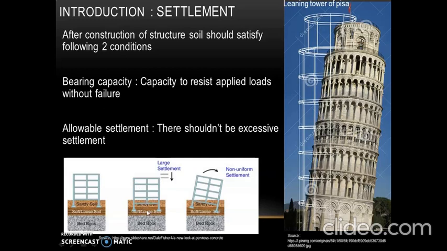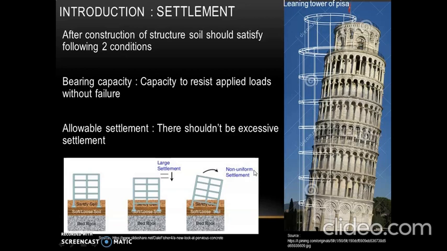Due to settlement of the soil, because there is a loose soil underneath, there will be large settlement of the structure, due to which the structure moves downwards. And also there may be differential settlement which will be observed, which is referred to as non-uniform settlement.